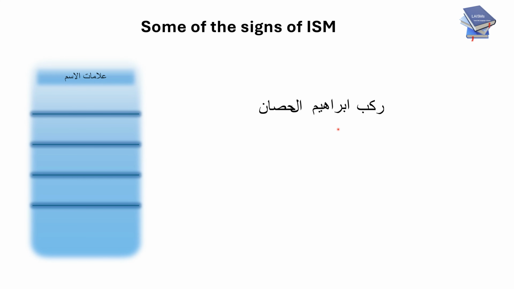Okay, some of the signs of ism. So if we remove it, حصان, so adding it will show us it is an ism. Another sign that we said was tanween. So we have these two tanween. Now, because they have tanween, that indicates they're both nouns, ism.